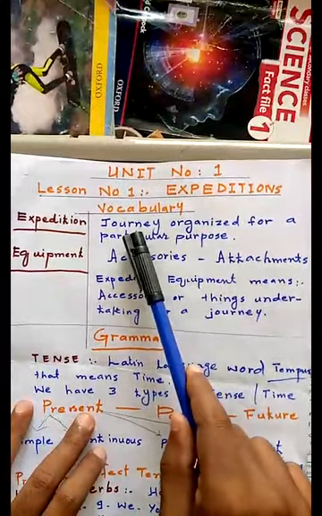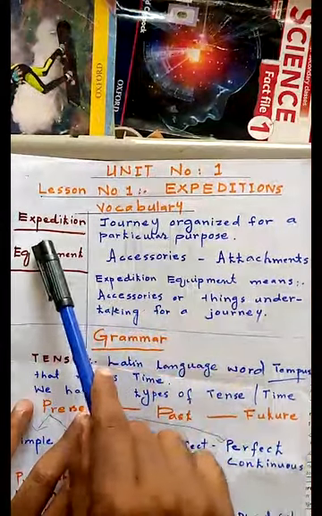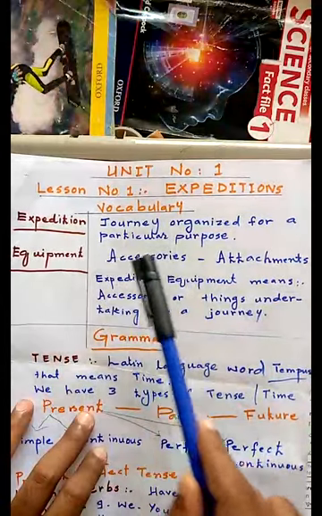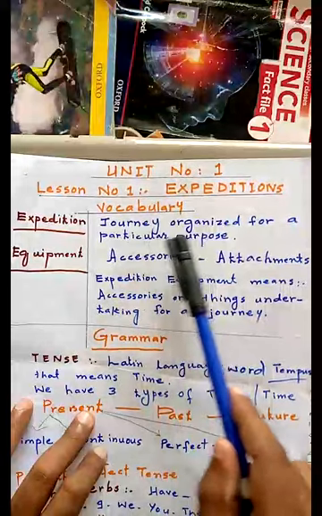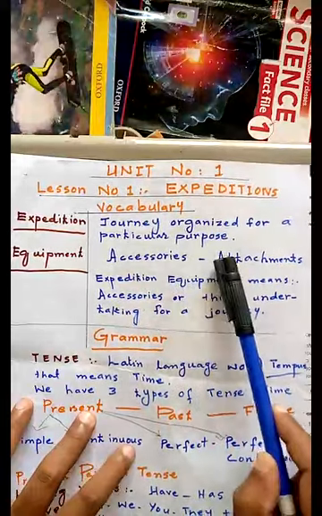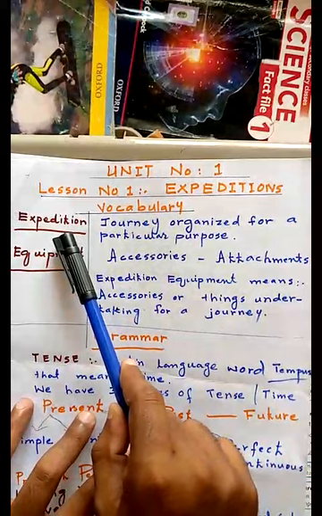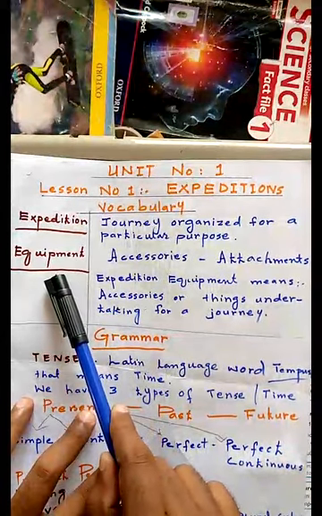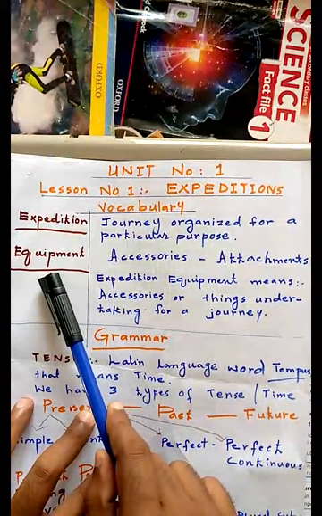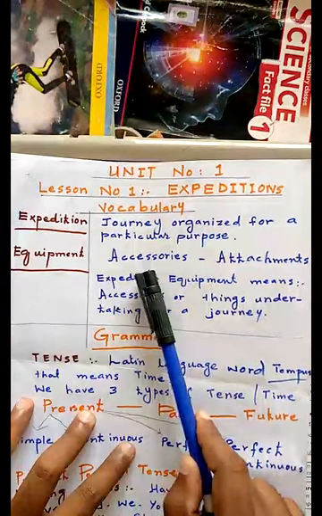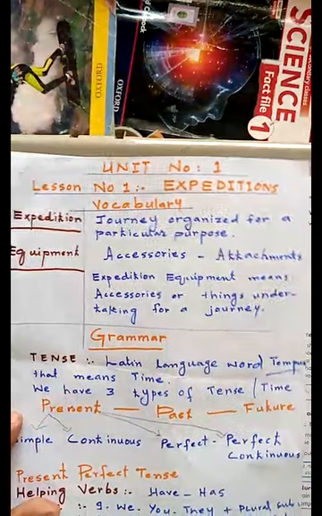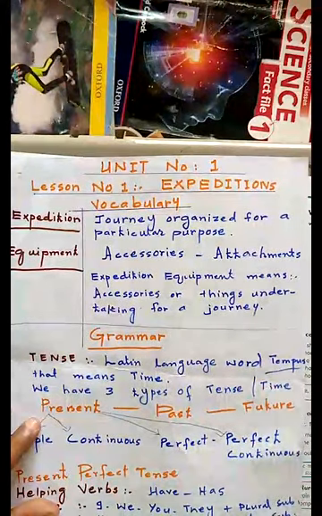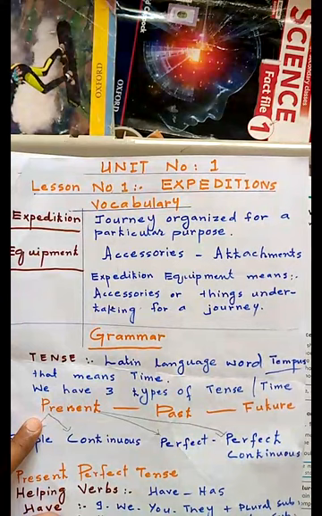We call it a journey, but why do we call it an expedition? It is a particular type of journey. A journey organized for a particular purpose is called an expedition. Number 2, equipment. Equipment means accessories, attachments or things, that is, things that you carry along with yourself on a tour, on a trip, or for a journey.